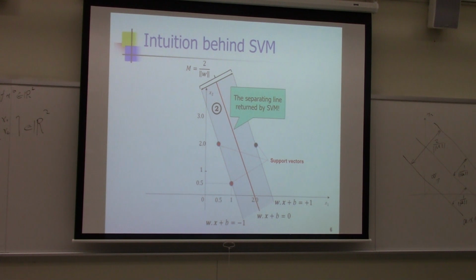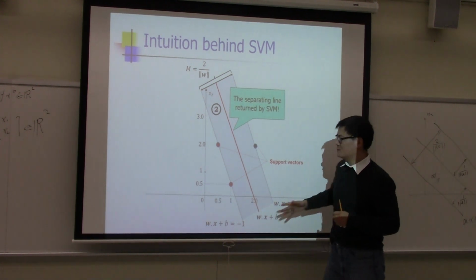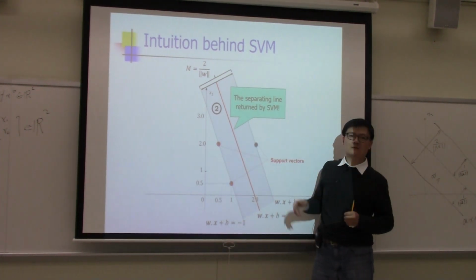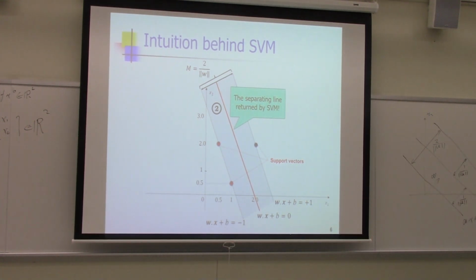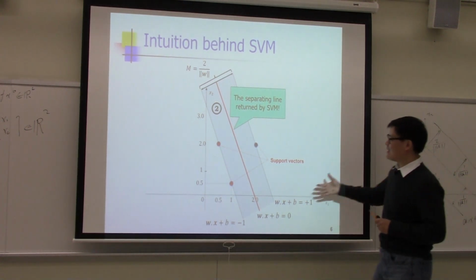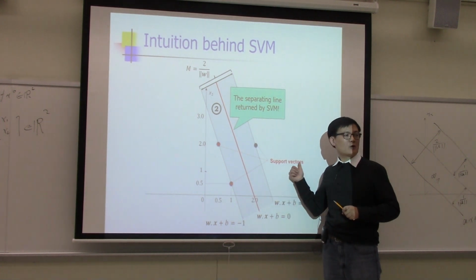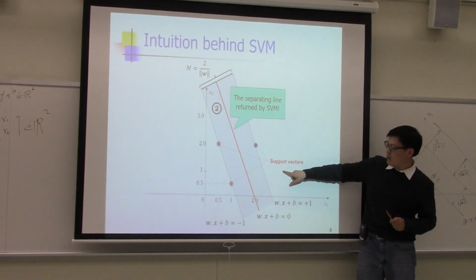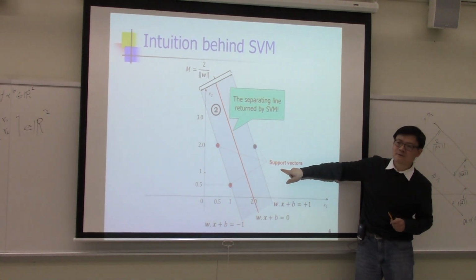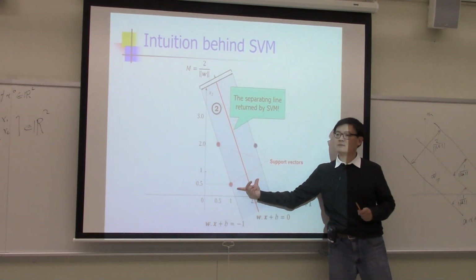So you can remove all other points, only keep your support vectors, and you get the same conclusion. As long as points are outside this margin, they will not affect the best line. The point I just added is here, so this will not affect the margin.